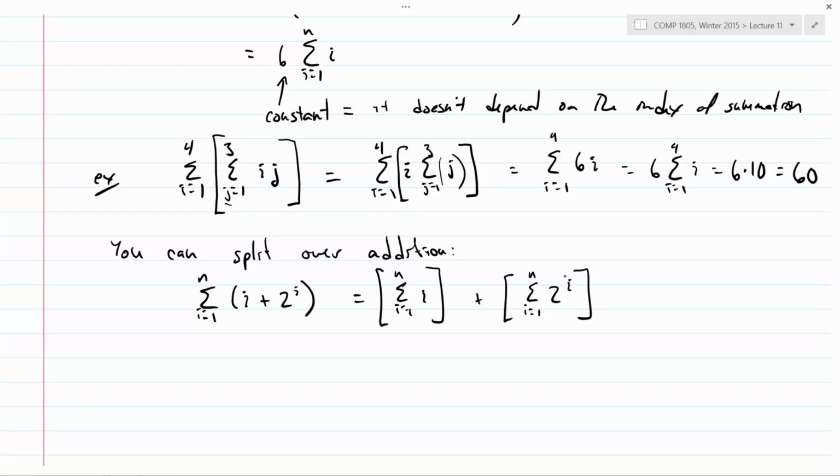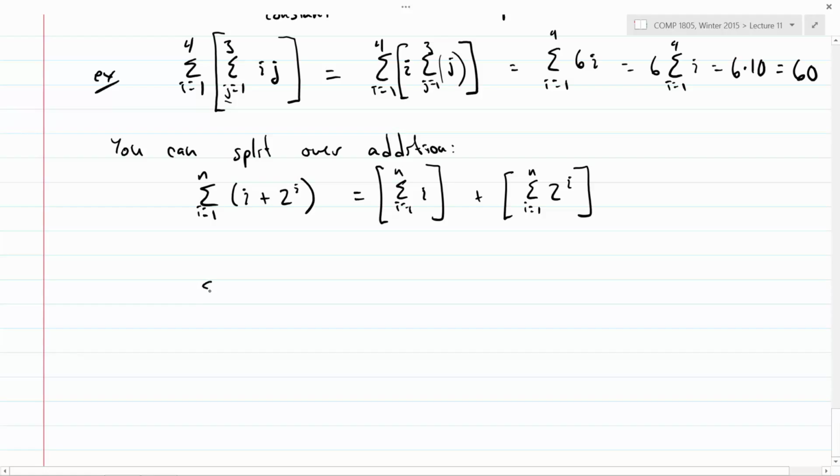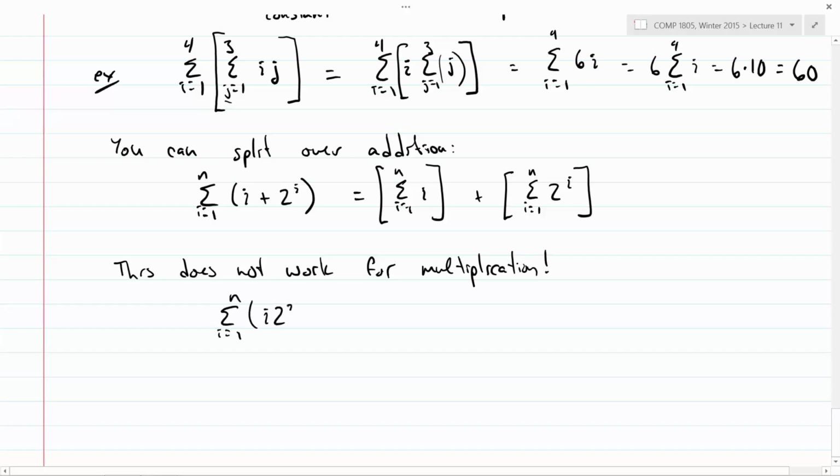One thing I'll stress is that this does not work for multiplication. You cannot do that. So the sum from i equals 1 to n, let's say it's i times 2 to the i.